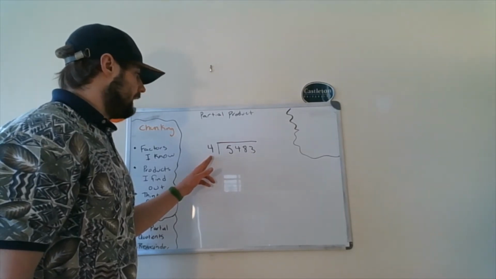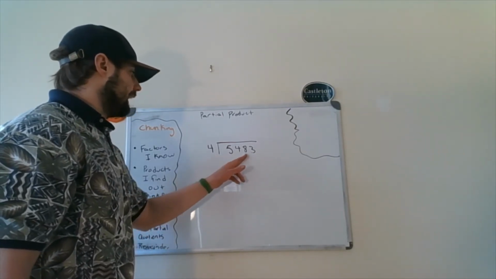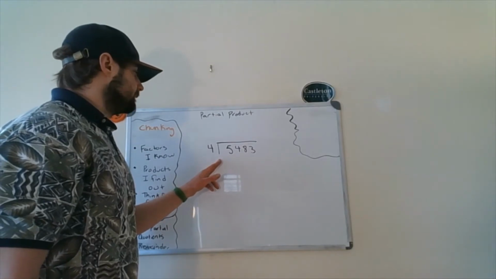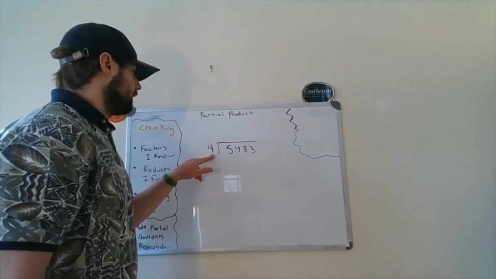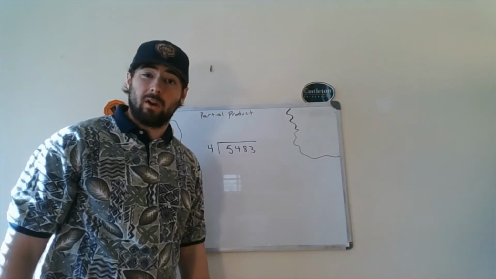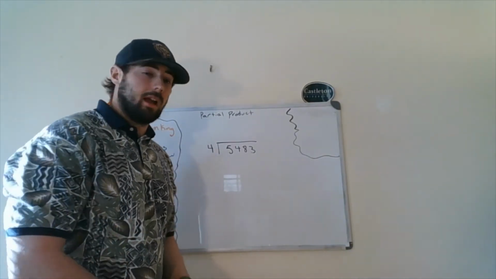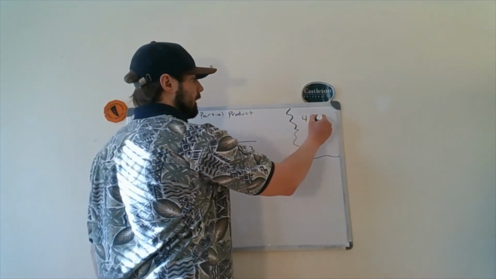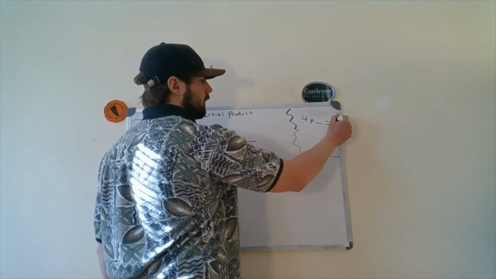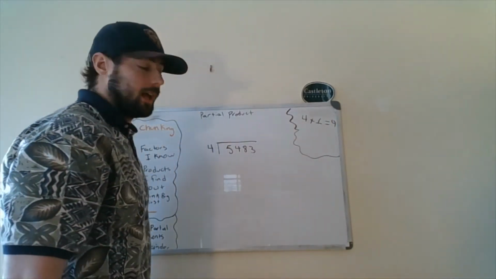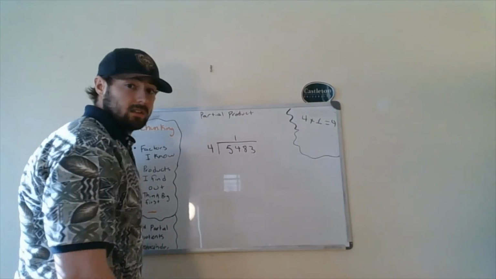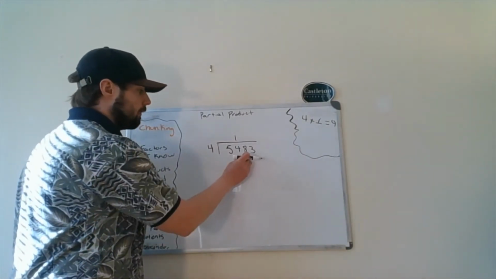Why don't we go ahead and look at the numbers? I see that there's a 4 here and a 4 there. I know 4 can go into 4, right? 4 times what number is going to give me 4? 1. Okay? But here's the thing. What place value are we in?